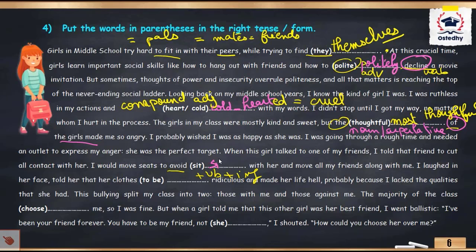Sitting. Okay, how do I write it? We double the T. Absolutely, that's the same example. Then, I laughed in her face, told her that her clothes were ridiculous and maybe her life hell. So her clothes, you need to describe them. Her clothes can be replaced by they.